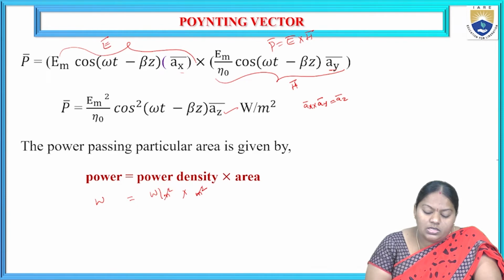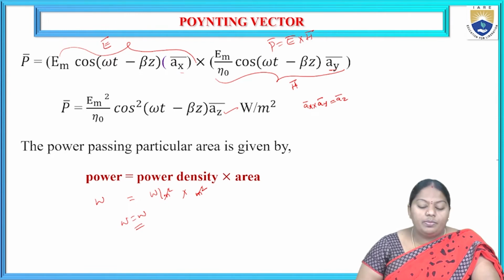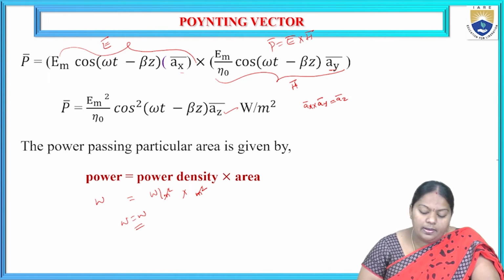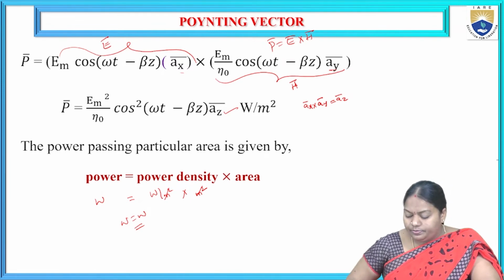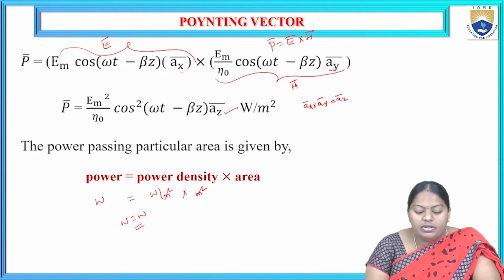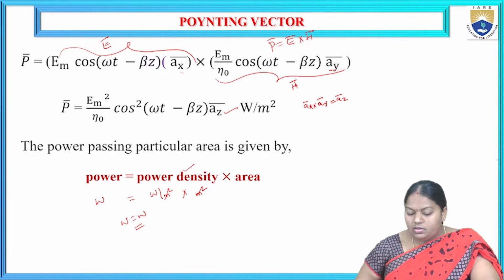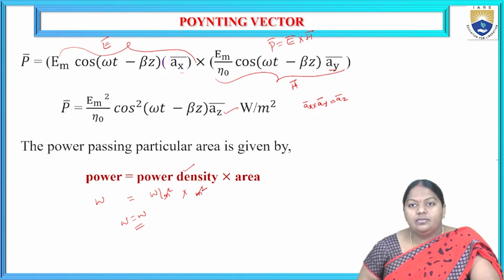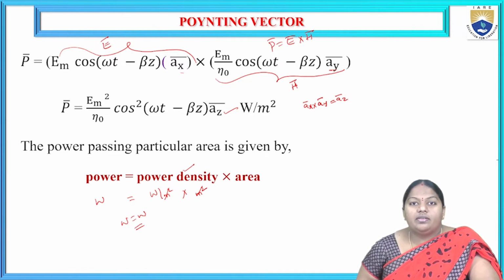This meter square gets cancelled, so watts equals watts. So in general we can define the power density as power per unit area, measured in watts per meter square.